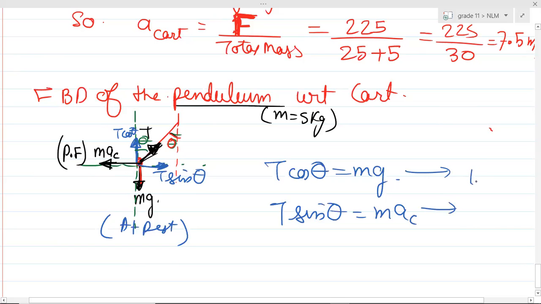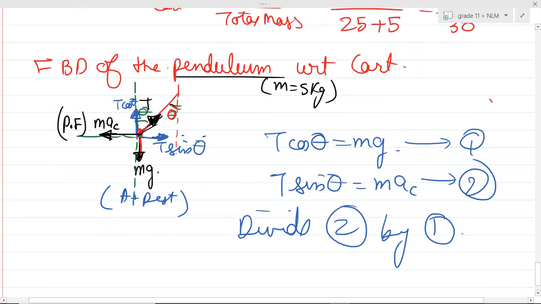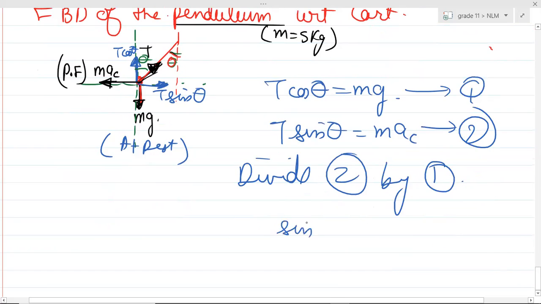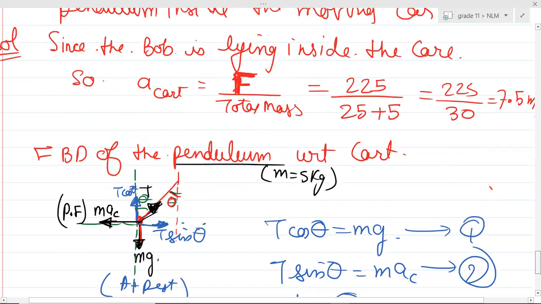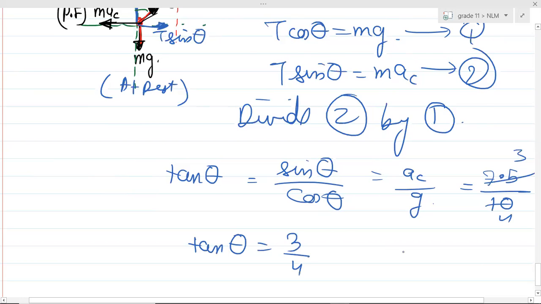So what have they asked? They have just asked the angle, right? So shall I divide the two equations? So dividing, sin theta divided by cos theta should be equal to a divided by g. And what was a? 7.5, right? So 7.5 divided by 10 will be equal to tan theta. So tan theta is equal to 3 by 4.